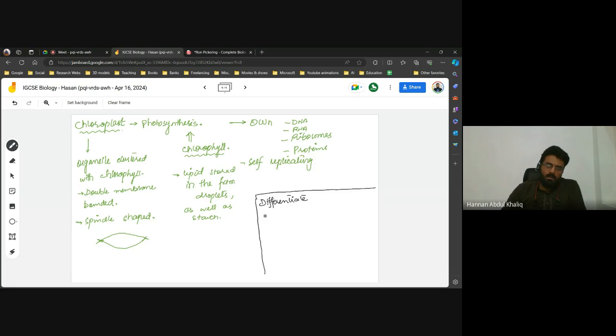Someone asks you to compare. Compare is a word that means both similarities and differences. So, what did you do there? You only mentioned the differences.